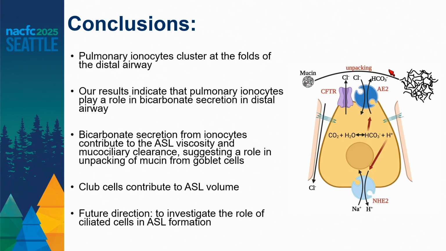And when the mucin goes through the ionocyte, the bicarbonate secreted by the ionocyte helps the unpacking process. And the club cell seems to contribute to ASL volume. We also want to investigate the role of ciliated cells in ASL formation. Our preliminary data suggests that the ciliated cell also plays a role in the ASL formation in the distal airway.